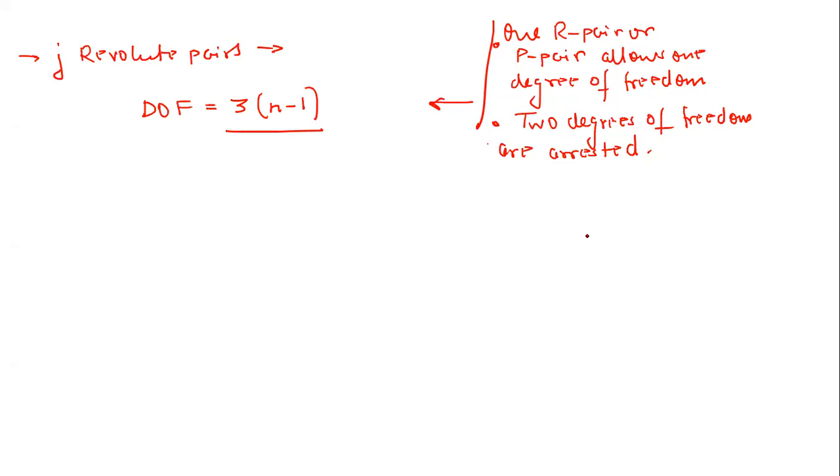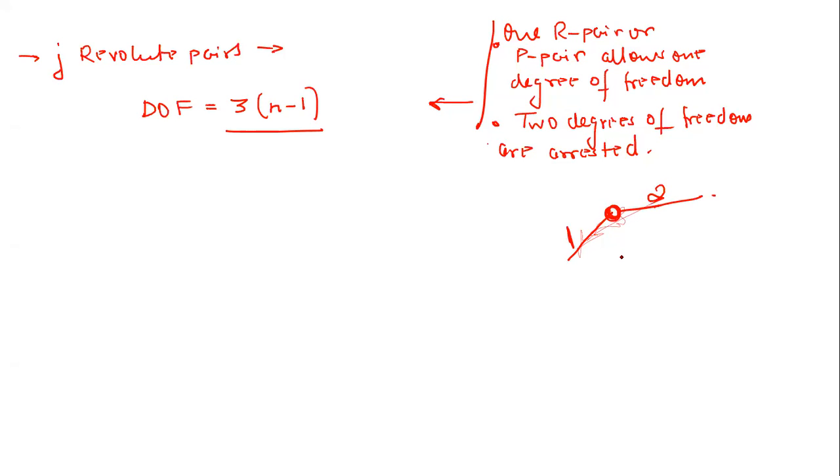So let me say this. Let's say I connected these two links, right? So by this revolute or turning pair, we know that link 1 is going to have only relative motion with respect to link 2, right?